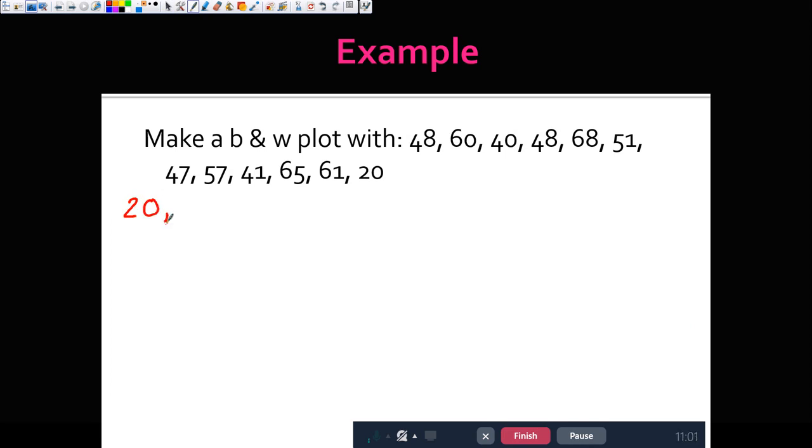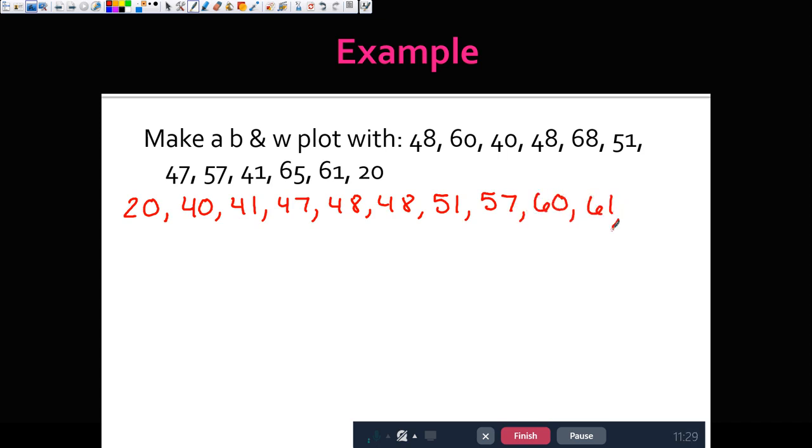Then we have 40, 41, 47, 48, 48, 51, 57, 60, 61, 65, and 68. I'm sure I'm not missing any numbers.